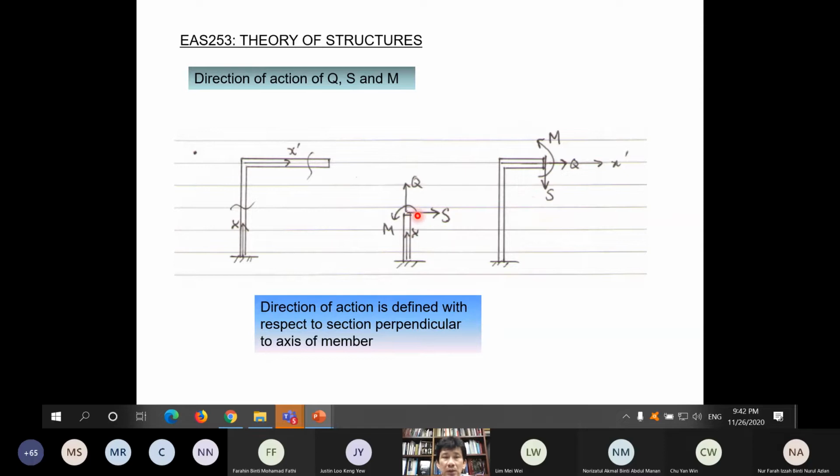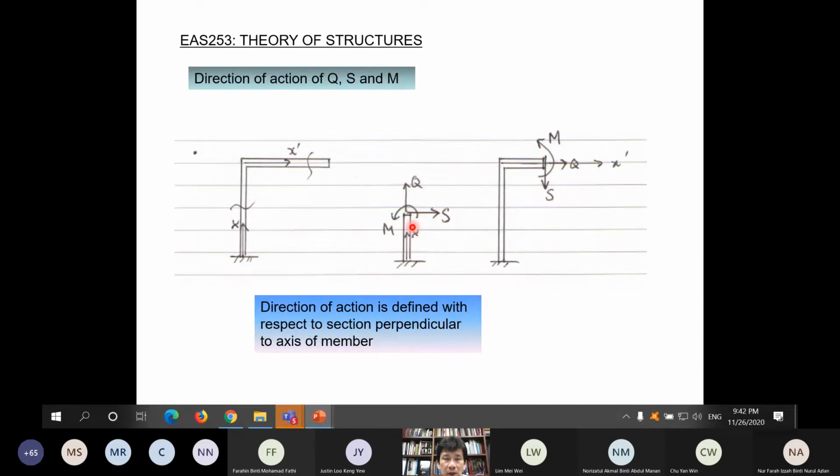So the directions, the definitions: the section is defined as perpendicular to the axis of the member. The section of the member at this cut is defined as perpendicular to the axis. Here also perpendicular to the axis, so 90 degrees.